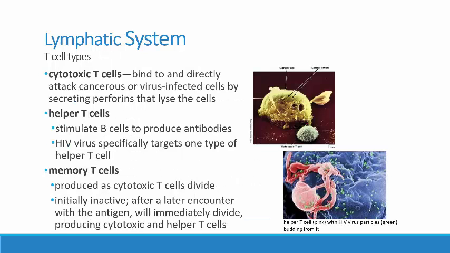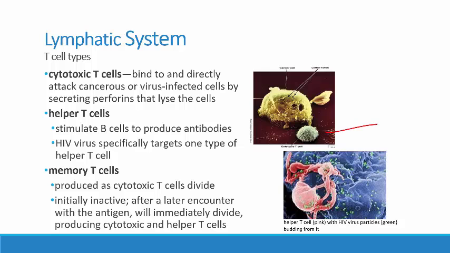So what are the types of T cells that we make? There are cytotoxic T cells, and these are T cells that can bind to and then directly attack a cell that has been identified as cancerous or as virus infected. They do this by secreting perforins that will help to lyse the cancer cell or the virus infected cell.